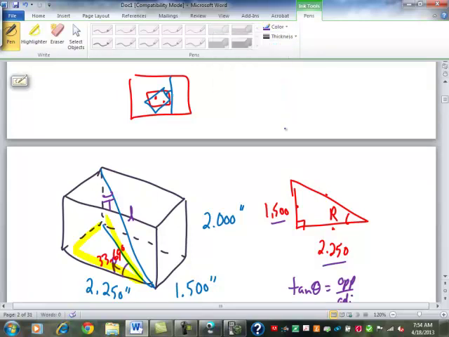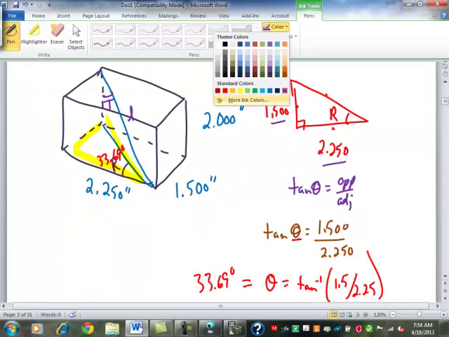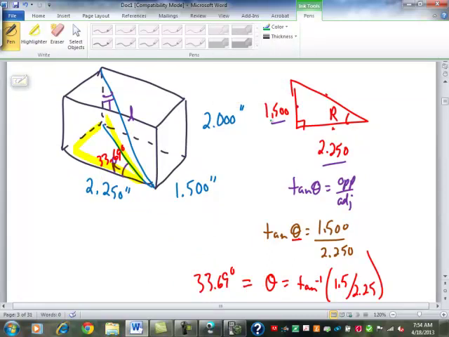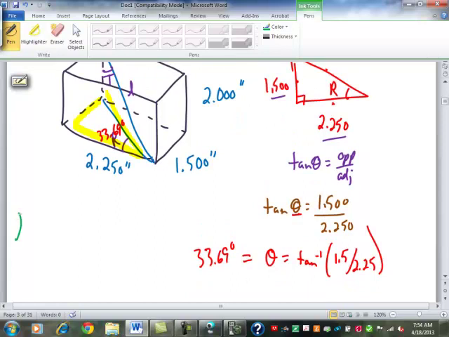Next is my angle of tilt. Actually, to find the angle of tilt, it's usually easier if we find L first. Let's find the length of cut.